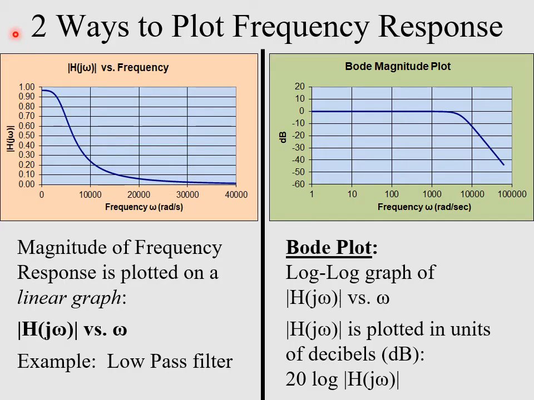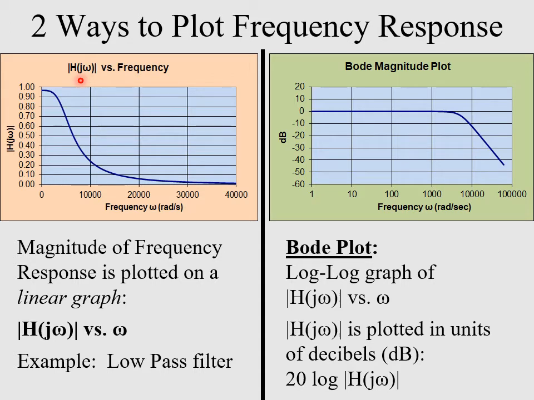So if we think about the frequency response of a system, for example, let's say we have a low-pass filter. We know that the frequency response is a very important function to plot because it tells us how the filter behaves at different frequencies. So what we've been working with so far is this plot over here, and what we're basically plotting here is the magnitude of the frequency response.